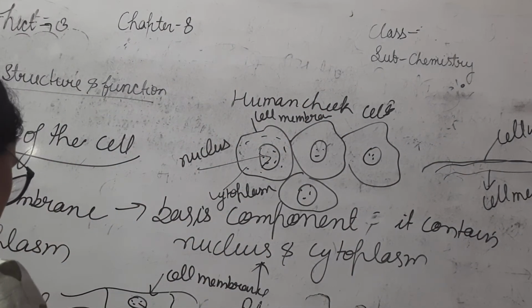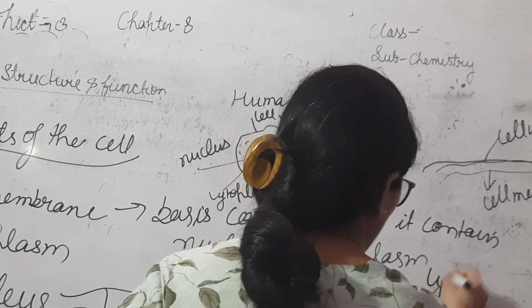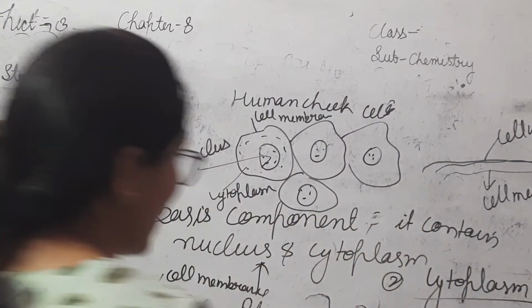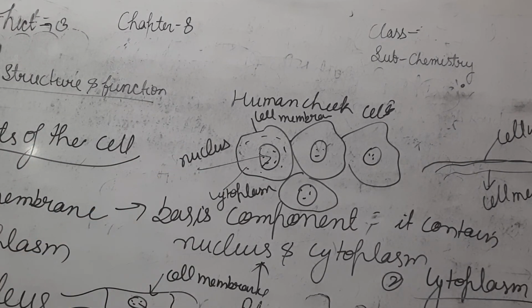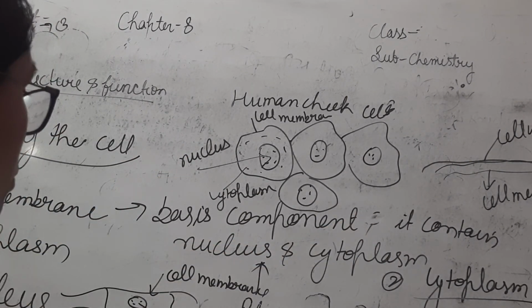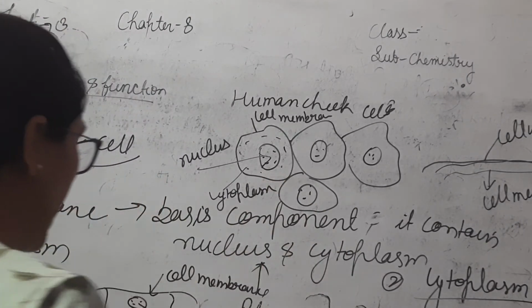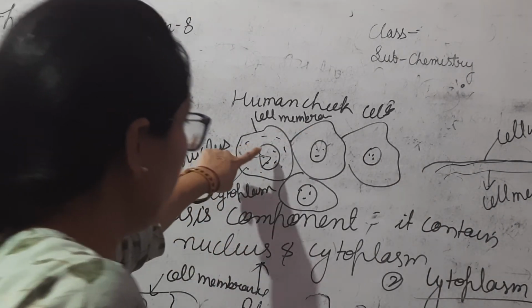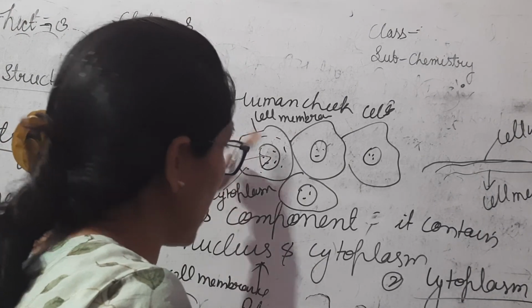Now if we talk about cytoplasm, the second part of the cell: the first part is cell membrane, the second part is cytoplasm. The cytoplasm is a jelly-like substance which is present in between the nucleus and cell membrane.